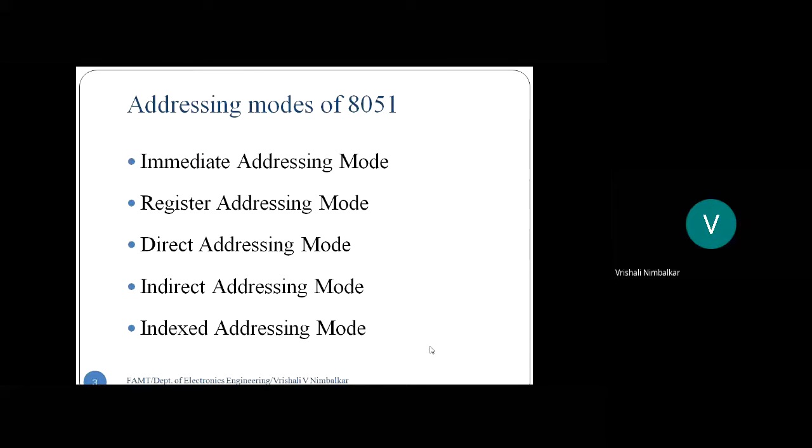In 8051, you have 5 addressing modes: immediate addressing, register addressing, direct addressing mode, indirect addressing mode, and indexed addressing mode. These are the 5 addressing modes of 8051.